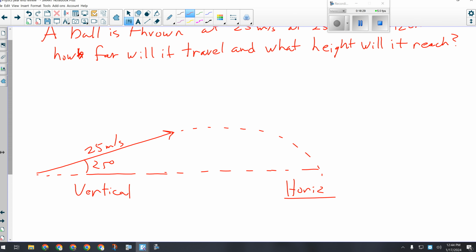What do I have to remember about the vertical component? What kind of motion does it undergo? Acceleration, because of gravity. So the vertical part is going to be affected by that. What kind of motion does the horizontal part undergo?